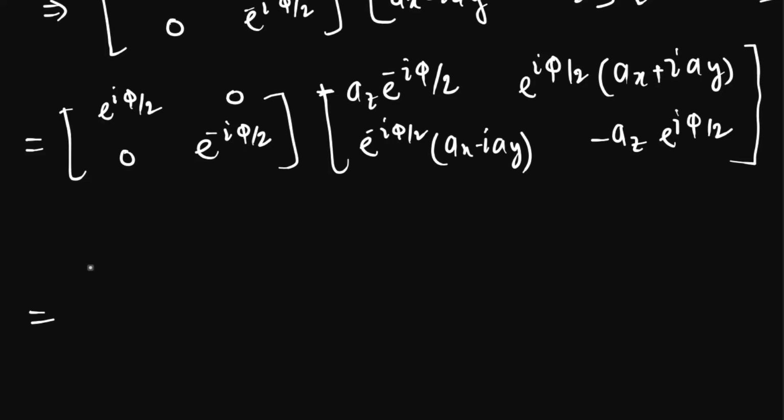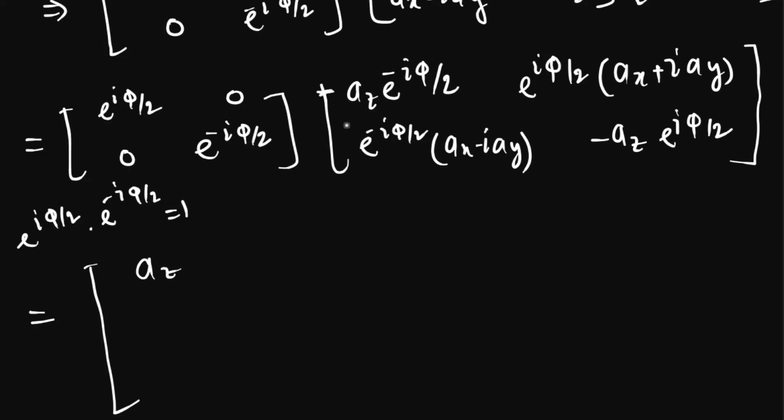That is equal to e to the power i phi by 2 into e to the power minus i phi by 2 equal to 1.